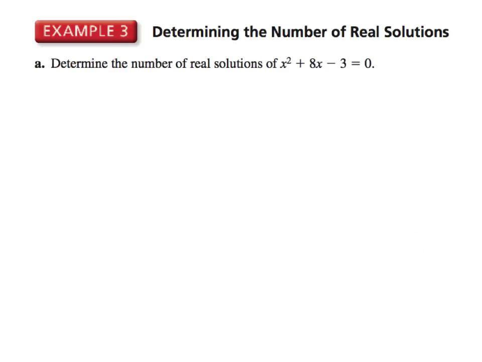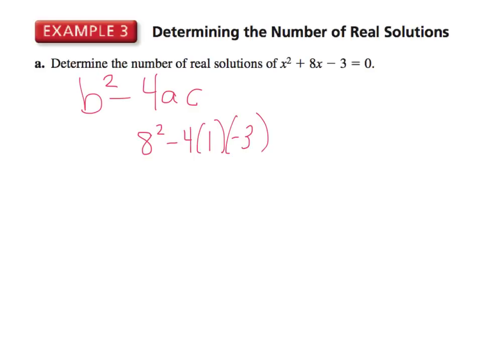So part A of example 3, tell me the real solutions. Give me the real solutions, if we have any. So, all I do is b squared minus 4ac. I just plug it in. So, that gives me b squared minus 4ac. That gives me 64 plus 12, which gives me 76.